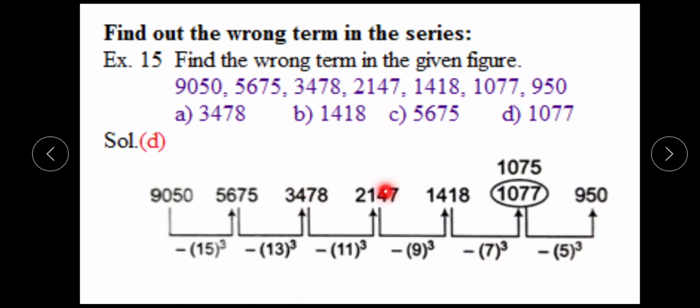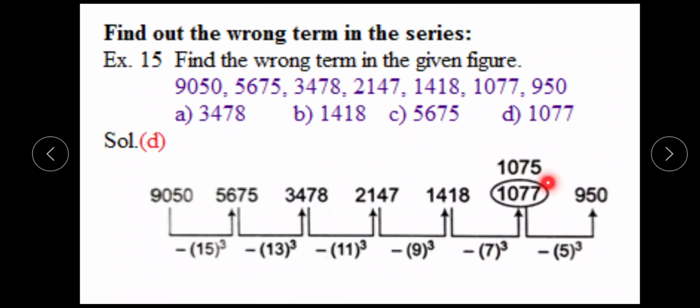Again we can see that between the third and fourth term the gap is the cube of 11. After that the gap will be the cube of 9, then the cube of 7, and the next will be the cube of 5.